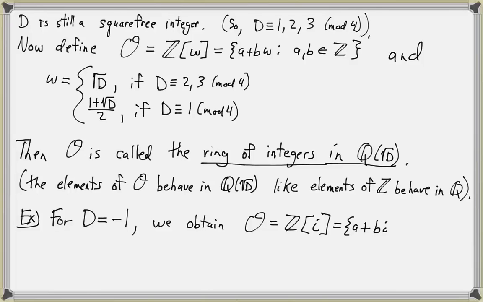So this is the set of elements a plus bi, where a and b are integers, and this is the so-called Gaussian integers. So these quadratic fields and these rings of integers have played important roles in proving statements about number theory.